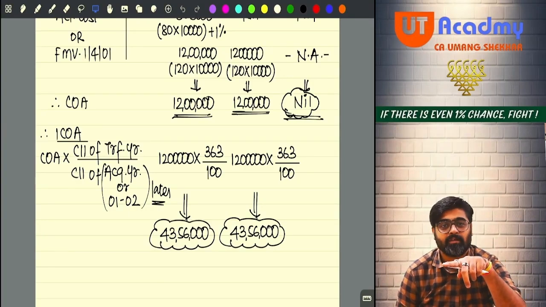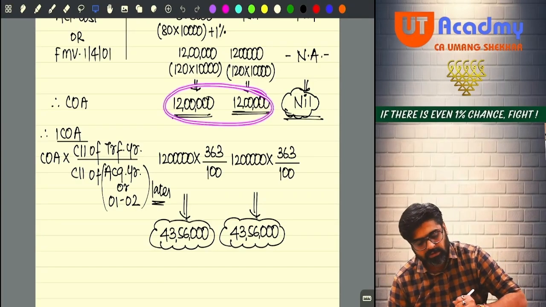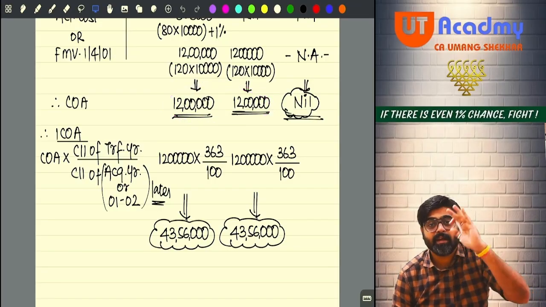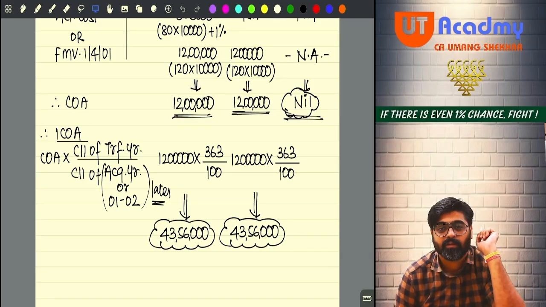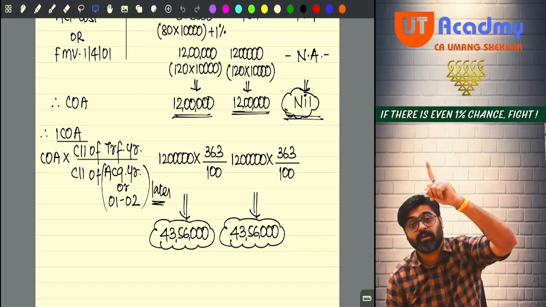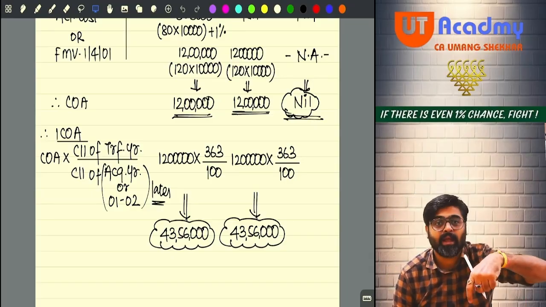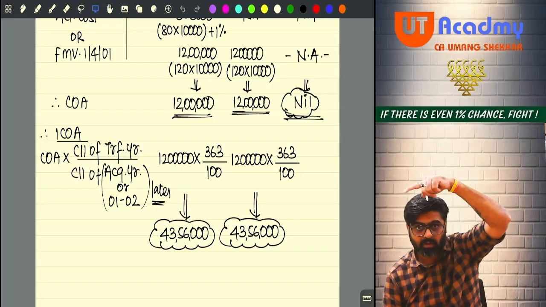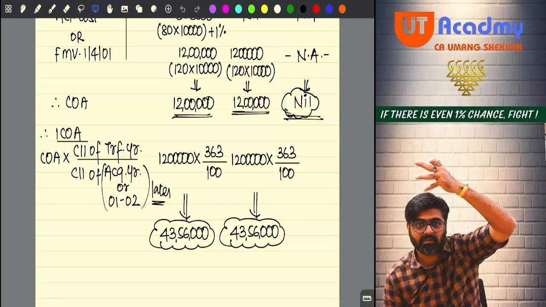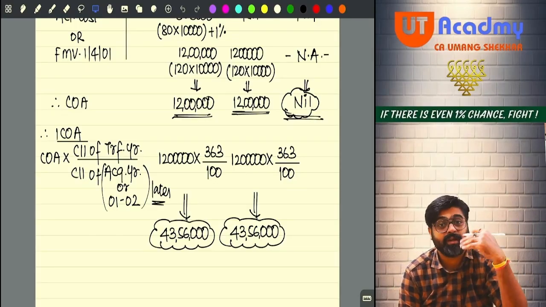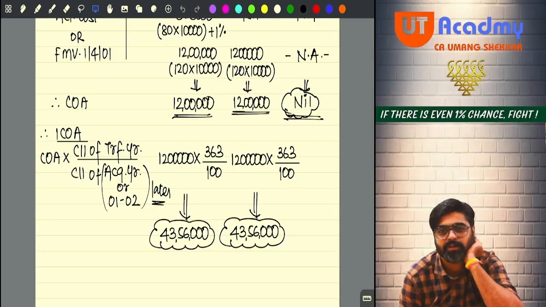But to do that indexation, you have cost multiplied by transfer year CII 363 divided by CII of which year? CII of 2001-02, because the acquisition was prior to 1st April 2001. Yes or no? So for the CII of acquisition year 2000-2001, not available, so take the CII of 01-02, because you are taking the fair market value as cost.